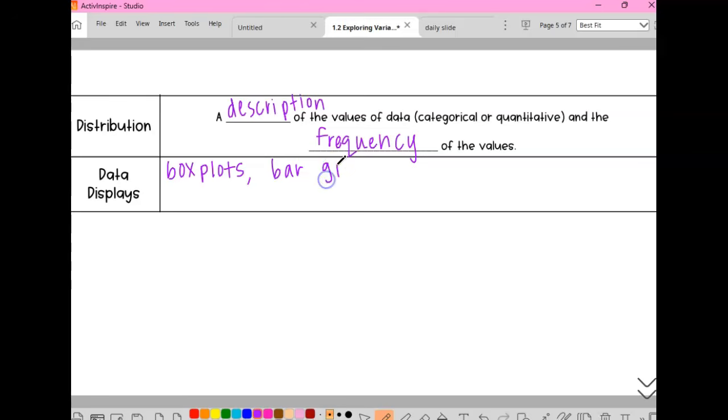Good. Pie chart. What else? Dot plot. Thank you. Good.